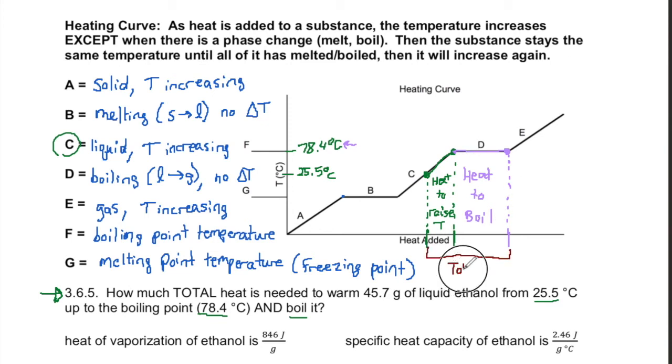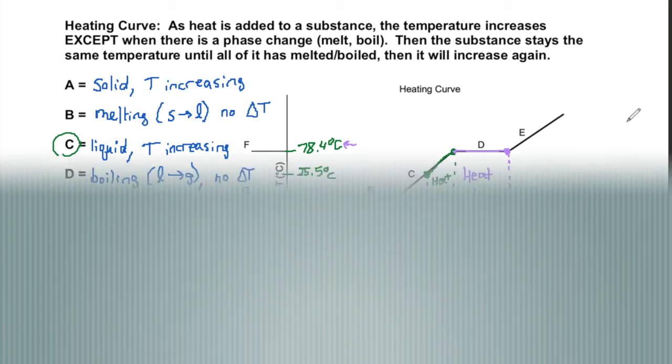So the total heat we're going to need to add to do both of these steps is going to be the sum of the heat to do this first step plus the heat to do this second step. Kind of like if you wanted to go from one location to another location and then from that location to a third location, then the total distance you have to travel is the distance to get to the first place plus the distance to get to the last place. So we are going to add both of these steps to get the total heat.